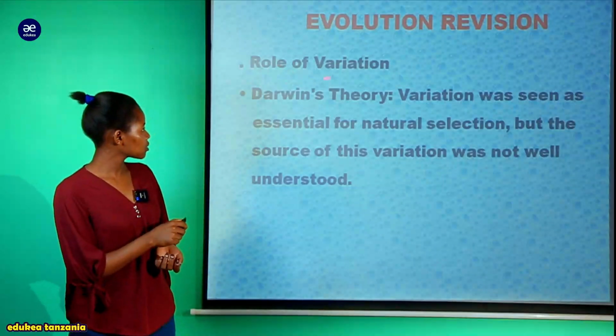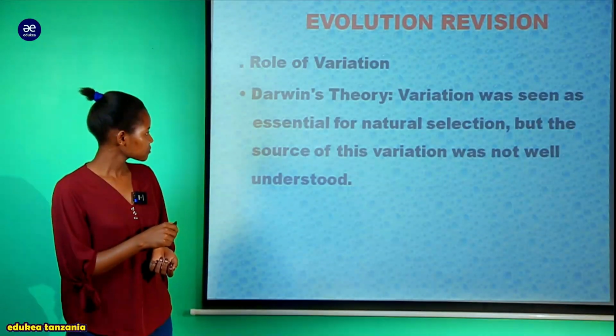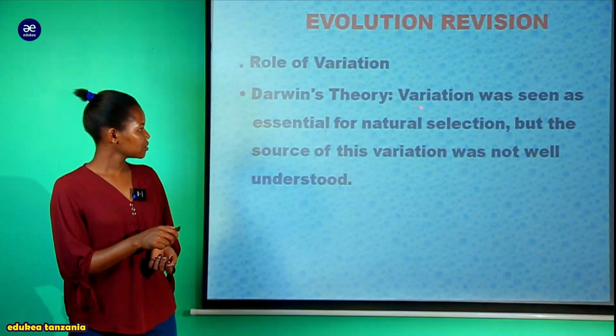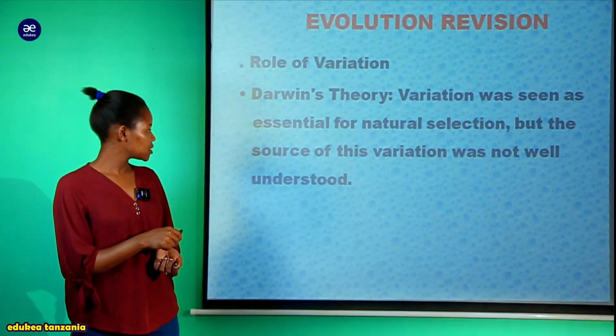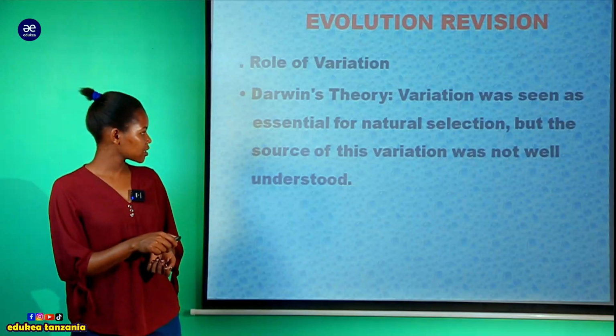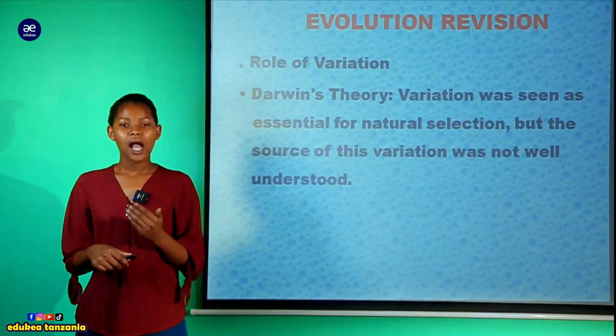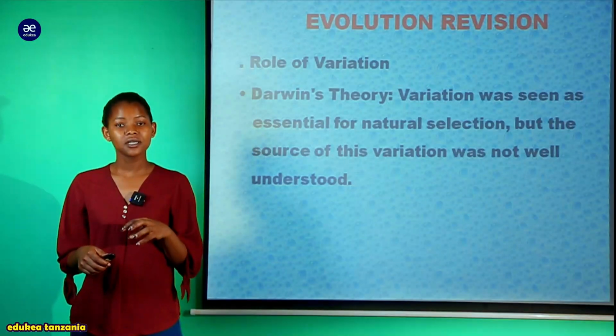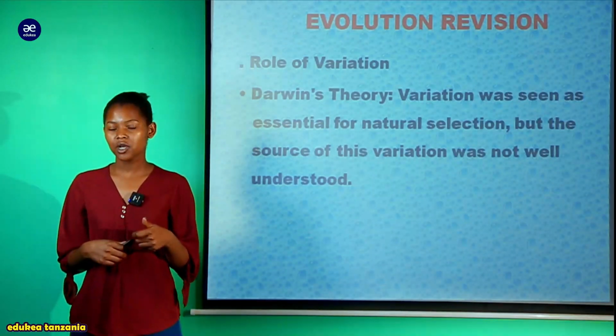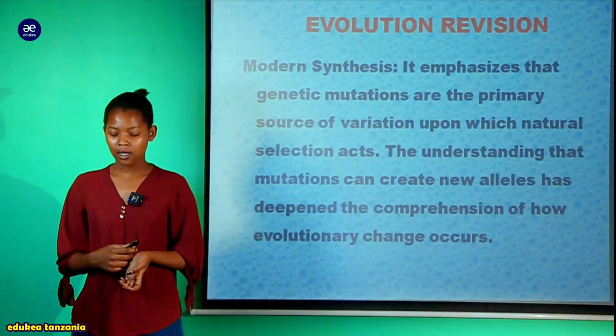Again, we are going to look at the role of variation. You can see in Darwin's theory, variation was seen as essential for natural selection, but the source of this variation was not well understood. He told us variation was the source of evolution, but he did not explain the main source of this variation. That is Darwin.